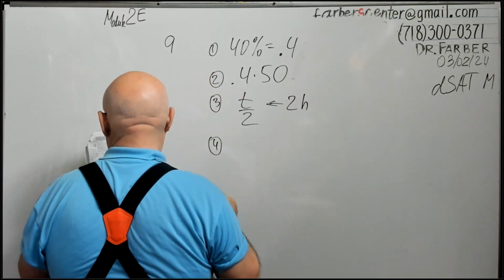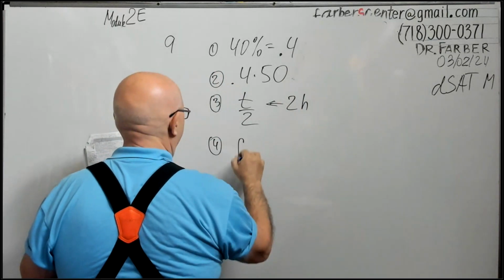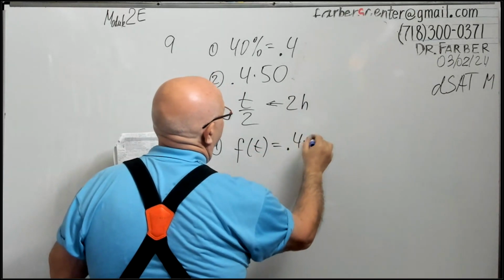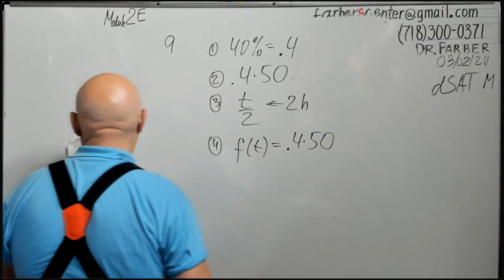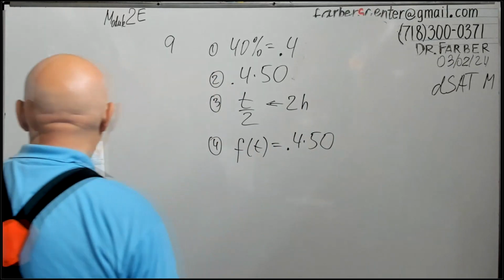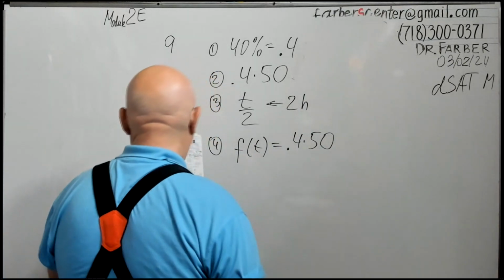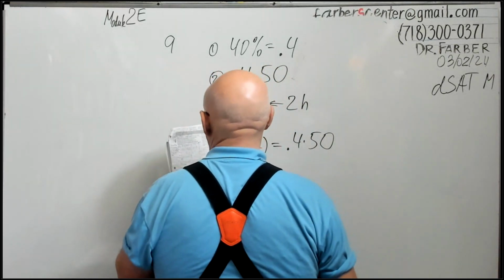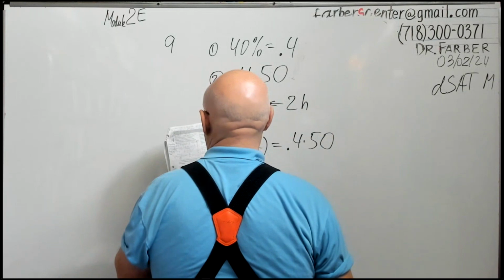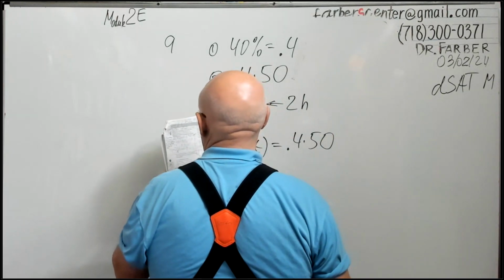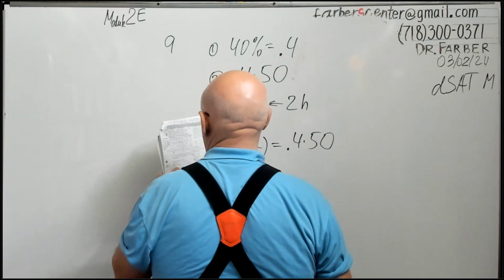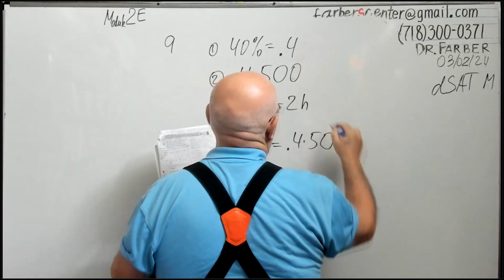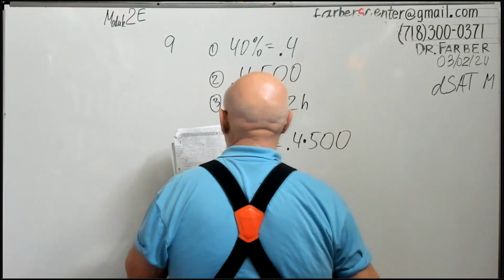They name this function f of t. It equals 0.4 times 500. It's not 50, it's 500 milligrams.